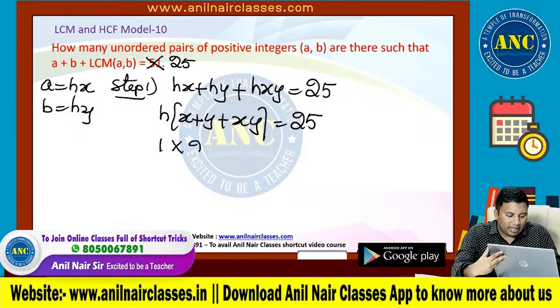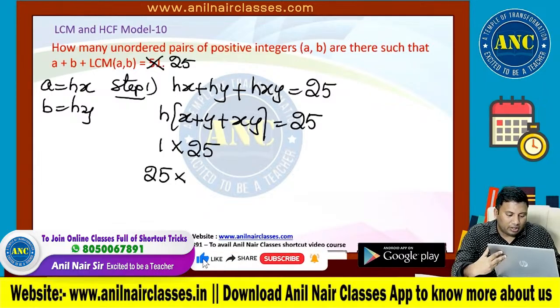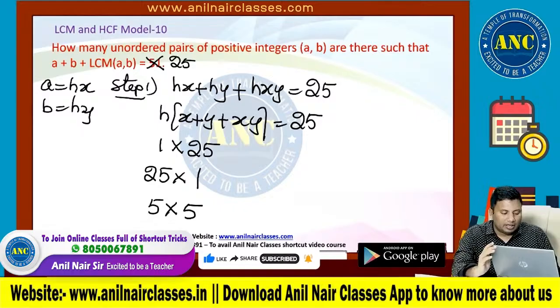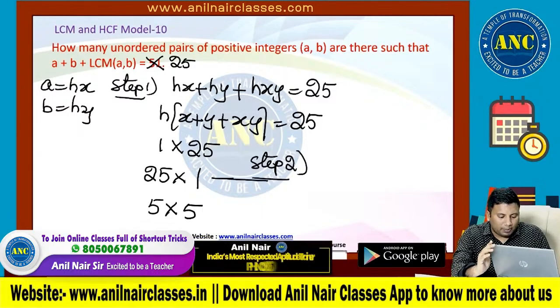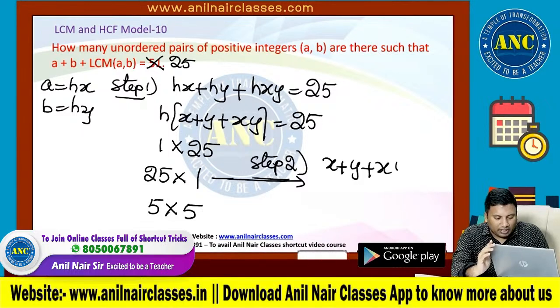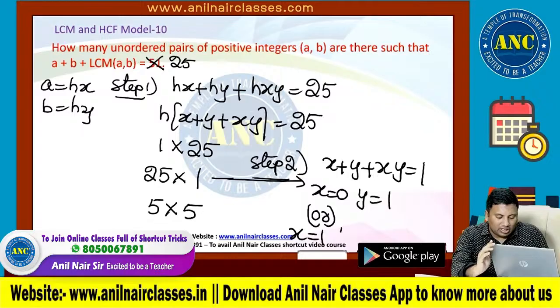25 can be written as 1 into 25, 25 into 1, 5 into 5. Step 2. X plus Y plus XY if it is 1, that means X is 0, Y is 1, or X is 1, Y is 0.